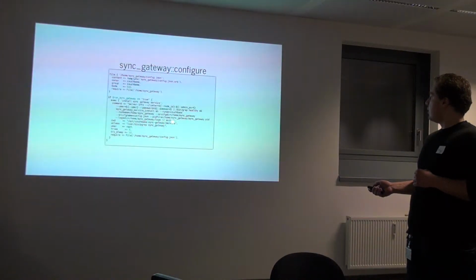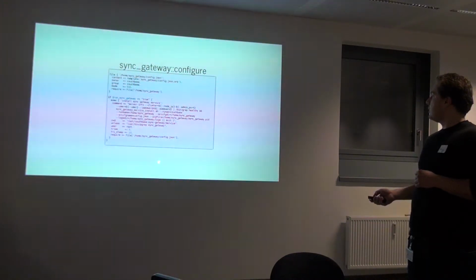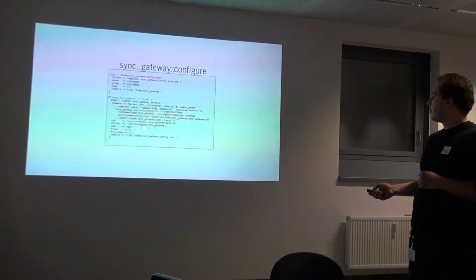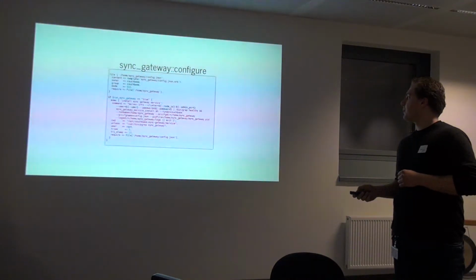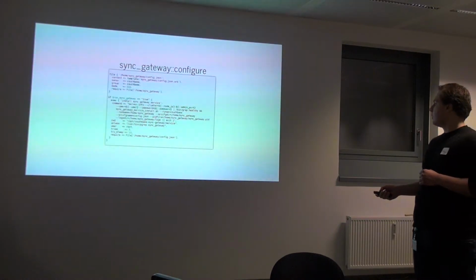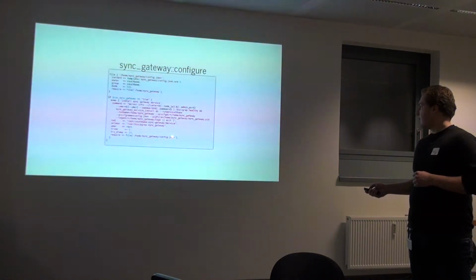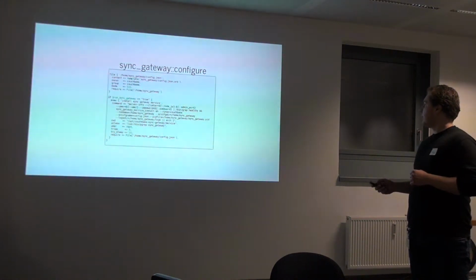If not, we throw exit code 1, and we can do it also several times. And we do it only if there is no process called Sync Gateway running. And it's reasonable to do it only after the template was created and processed.